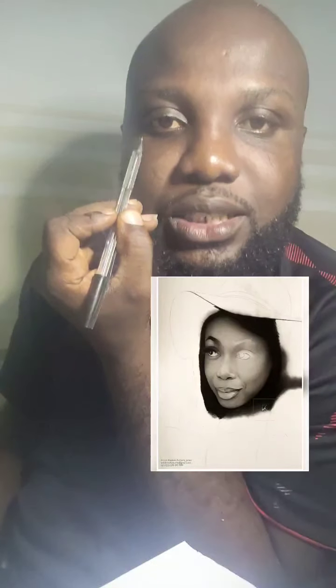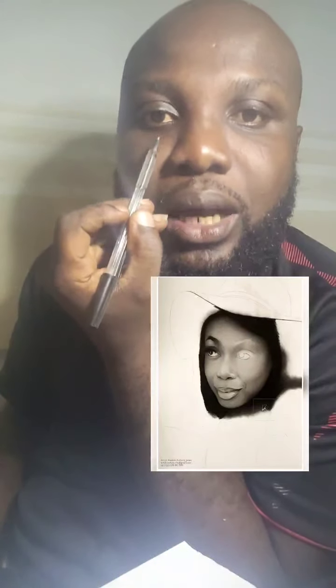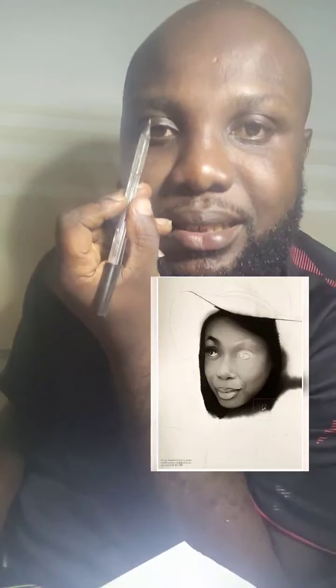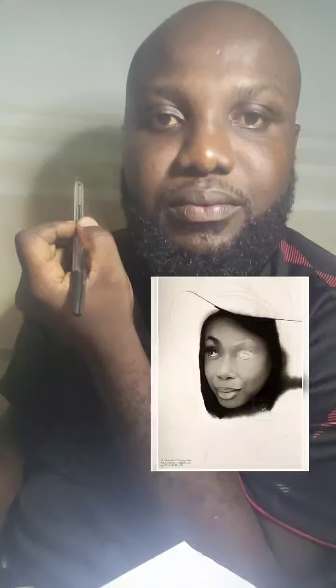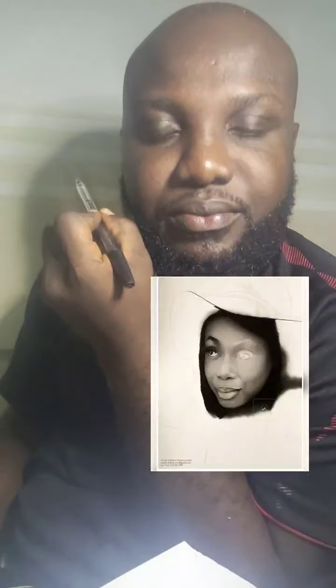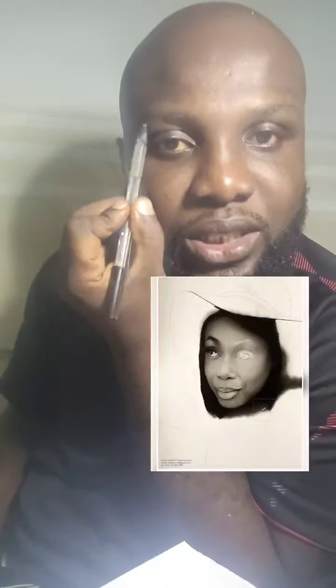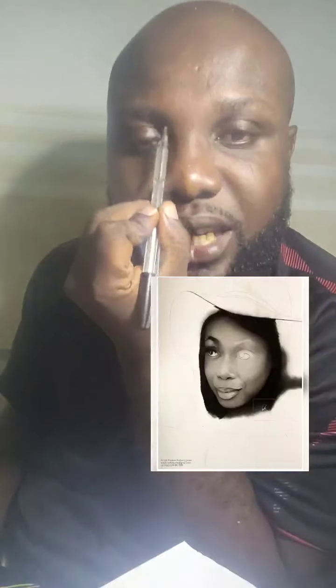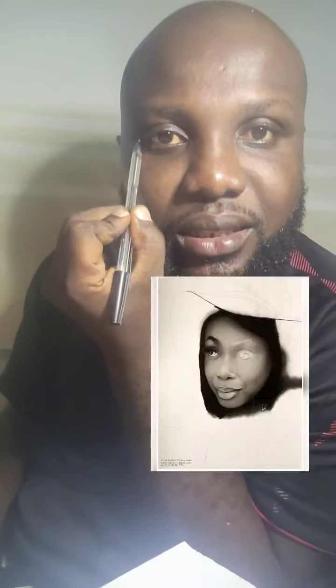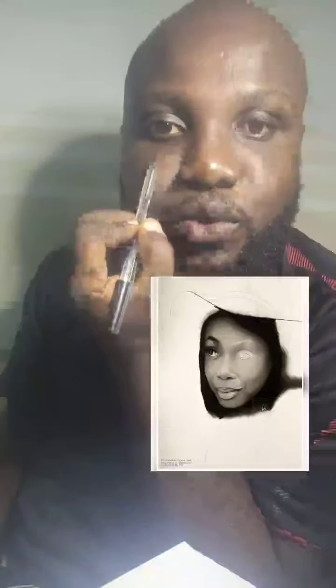Right, this is going to guide me to know how dark or light the midtone here should be. Then I'll establish my shadow here, and this side is also a shadow. If I establish my shadow here, I'll know that this shadow is darker than maybe this side. So establishing your shadow first serves as a guide for you to know how dark or light your midtone should be.